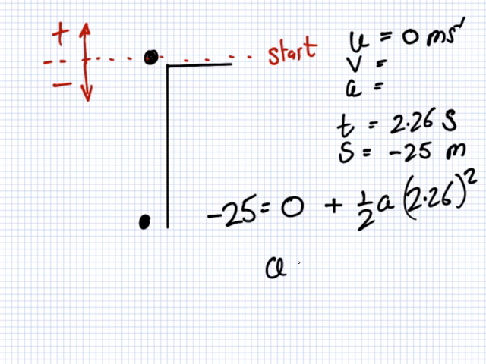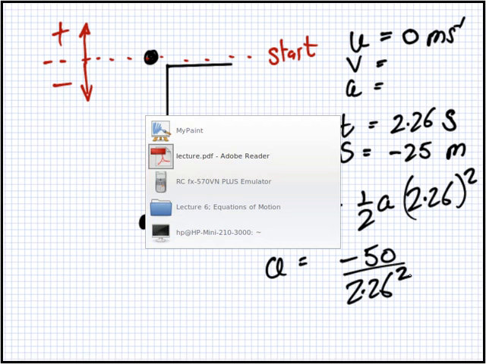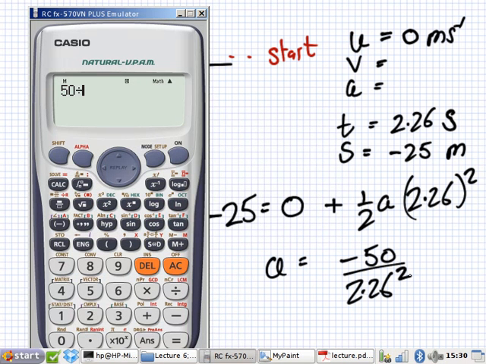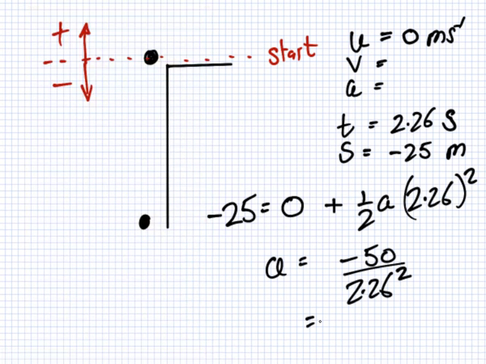So the a will be minus 50 over 2.26 squared. Okay. 9.79.